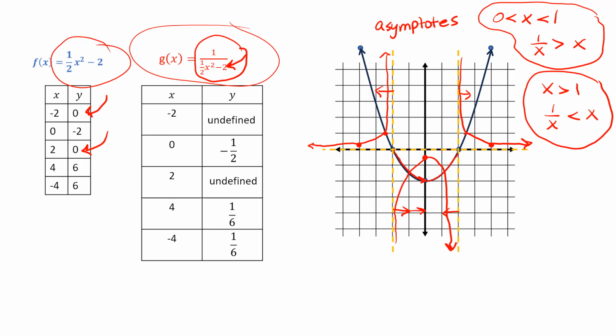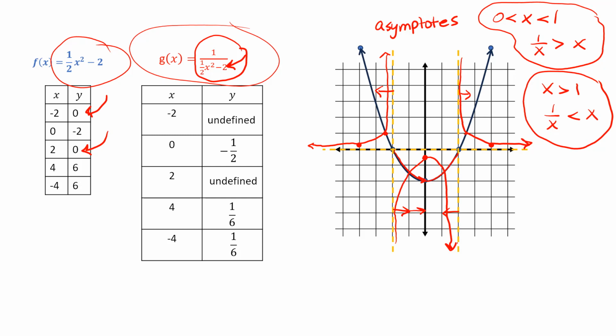So there's a lot of thinking that goes on with these reciprocal functions and trying to understand exactly what the function's doing, but that's a very big part of calculus, and what we're trying to get to is the behavior of a function. What is the function doing in different places in the plane and for different values of x? How is the function behaving? Is it increasing, decreasing?